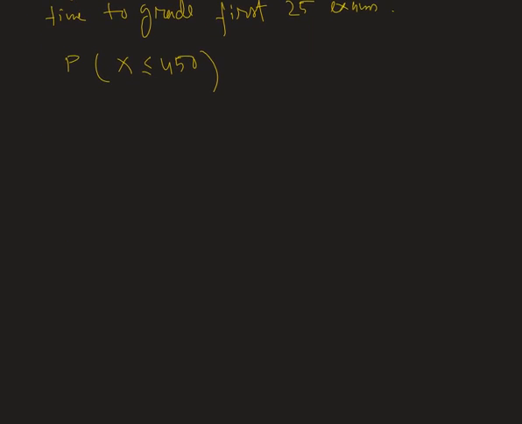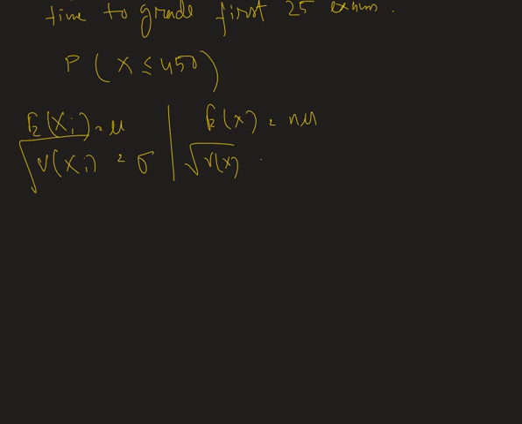Now, to use the central limit theorem, first we need n mu and sigma root n, because the mean of Xi is mu and the standard deviation of Xi is sigma. Therefore, the mean of X is n mu and the standard deviation of X is sigma root n.